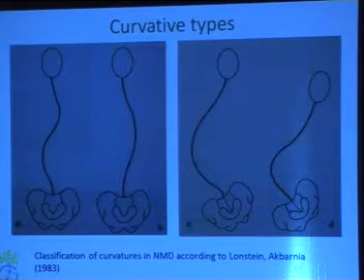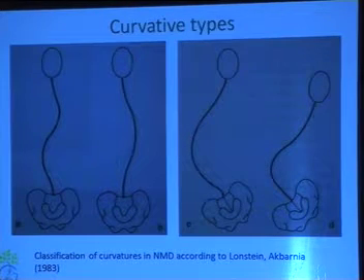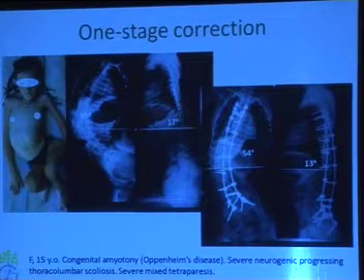All my patients have type C or D with incorrect pelvic position. Principles of treatment in these patients include spinal fixation with instrumentation. It's the standard general treatment of these patients.